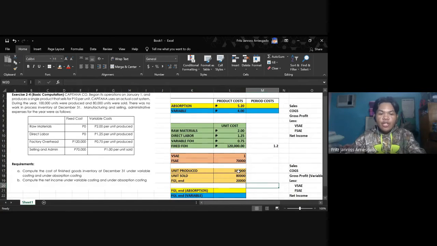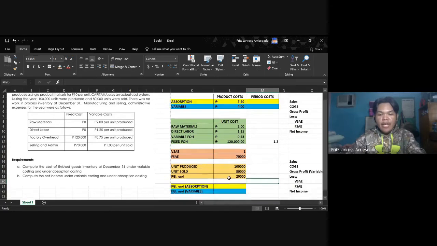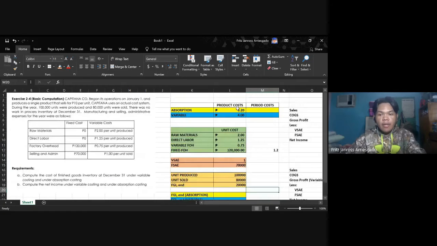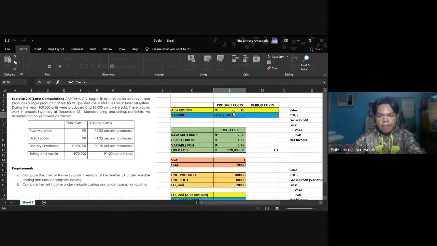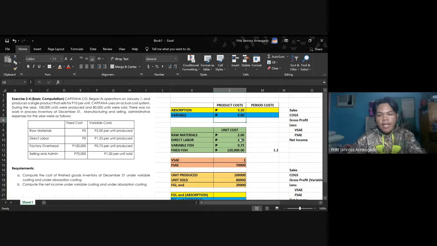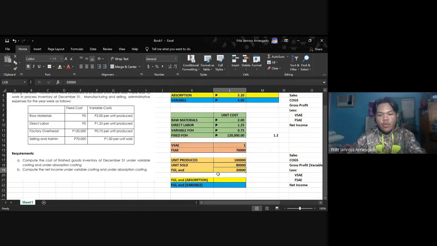Now, in order to get your cost of finished goods inventory, you need to use your product costs here, and multiply that by the finished goods inventory total units.